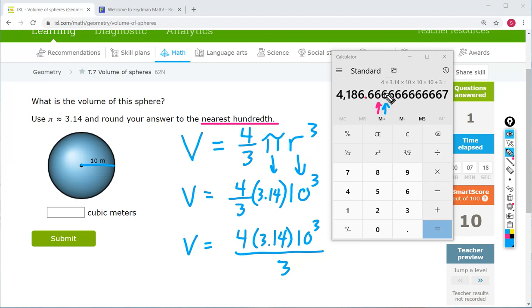If this one is a 5, 6, 7, 8, or 9, then this gets bumped up by 1. So we will be bumping this up by 1 because this digit is a 6. So the answer is going to be 4,186.67.